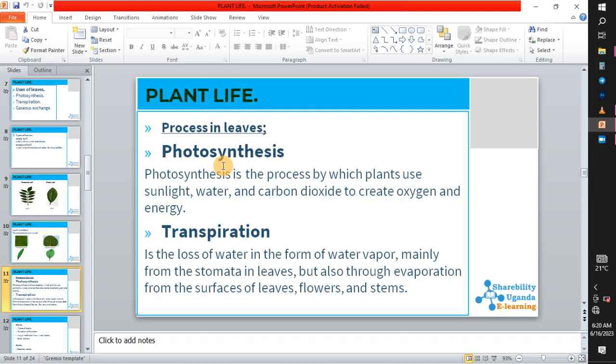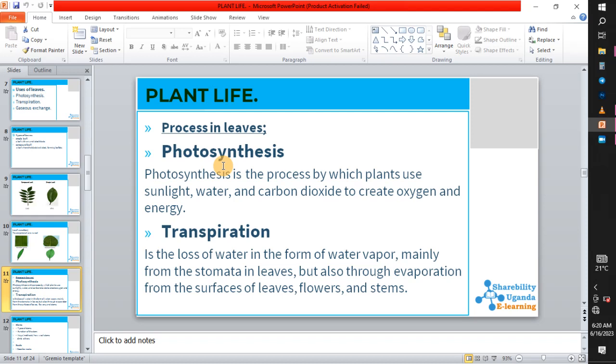Plants use leaves to produce oxygen, using carbon dioxide, sunlight and water. So plants use carbon dioxide to produce oxygen, which we use. Note that, please.